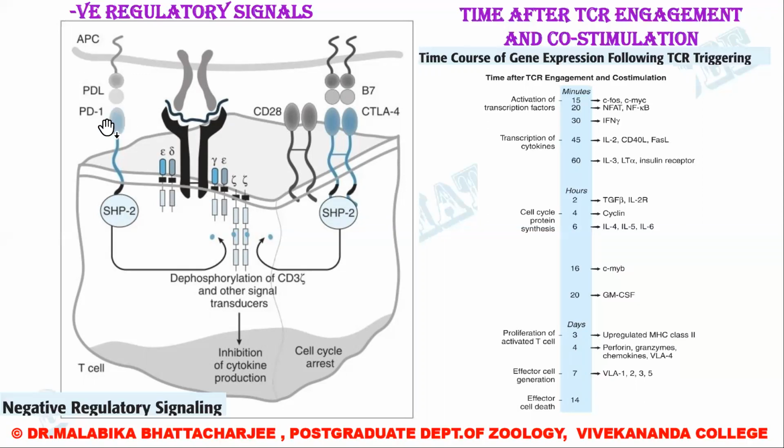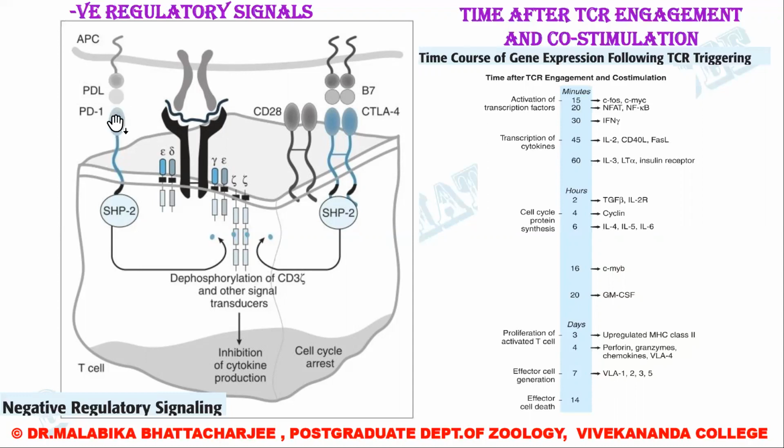So the expression of this particular receptor occurs within hours of activation of the T cell receptor complex. But the expression of the ligands on the dendritic cells or the antigen presenting cells is not constitutive. They are expressed only in the vicinity of the inflammatory cytokines.